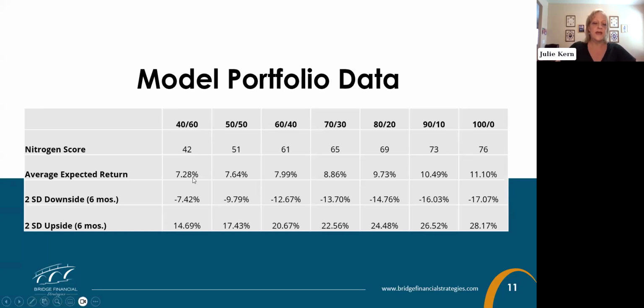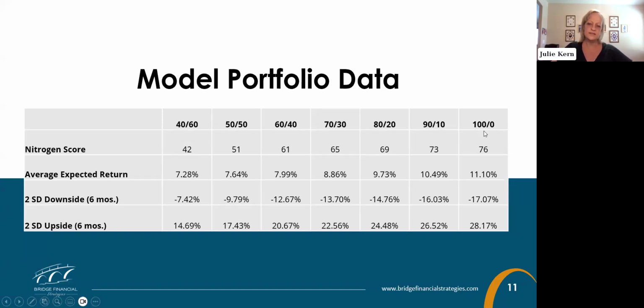This portfolio would have an average expected return of 7.28%. And then this is the downside and the upside that would be considered within 2 standard deviations in a 6-month period, so a short time frame. And then as we go to the right here, you can see the equities tick up by 10% each time.